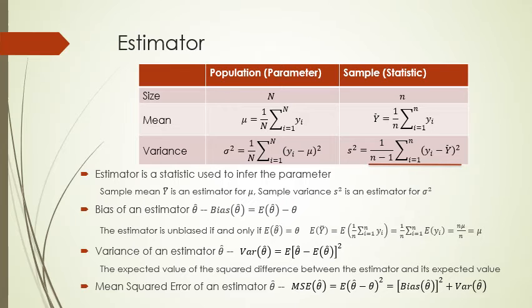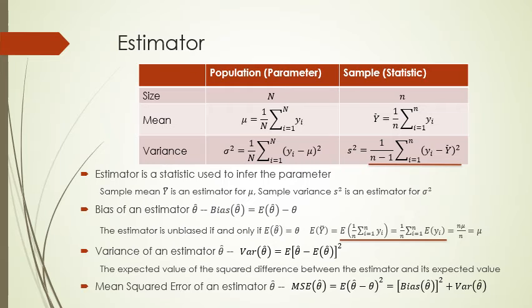The bias is the difference between the expected value and the true value. In this case, the difference between the expected value of the sample mean and the population mean. The estimator is unbiased if and only if E theta hat equals theta. For example, the sample mean is an unbiased estimator of the population mean.